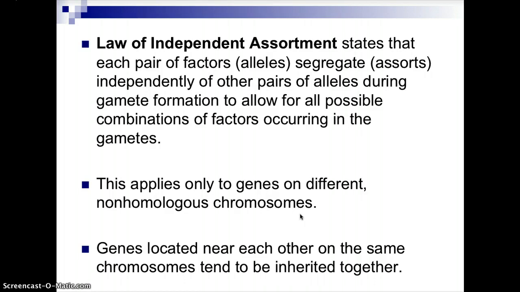What this states is that you can mix and match to have all possible combinations, and the genes located near each other on the same chromosome tend to be inherited together. So the genes that are close together on one chromosome will follow that chromosome and go into that same particular gamete.